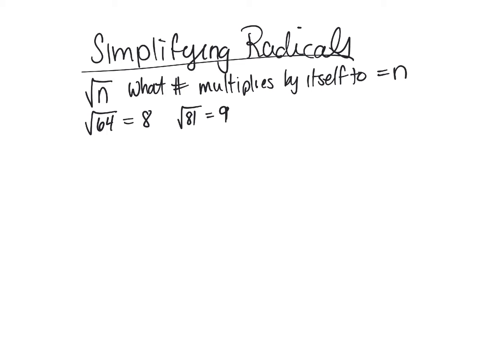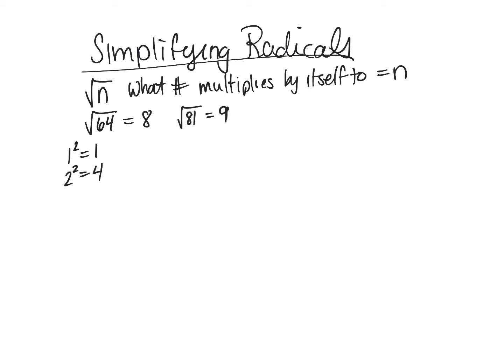We're going to make a list of the first 20 perfect squares. You should have those memorized at least up to 20. You probably already have the first 12, hopefully, memorized. So 1 squared is 1. 2 squared is 4.